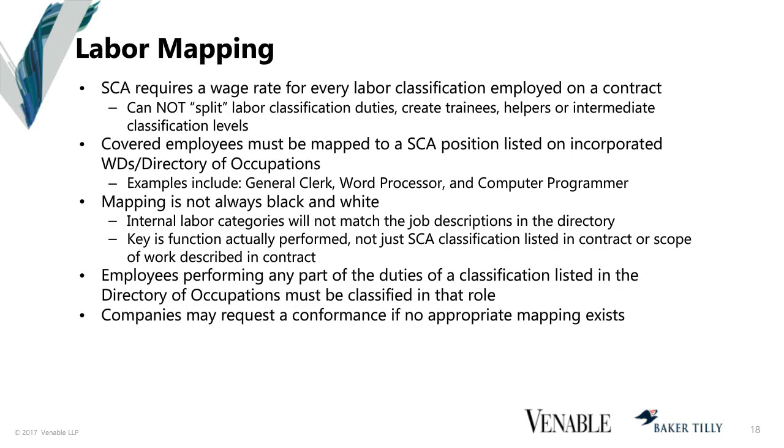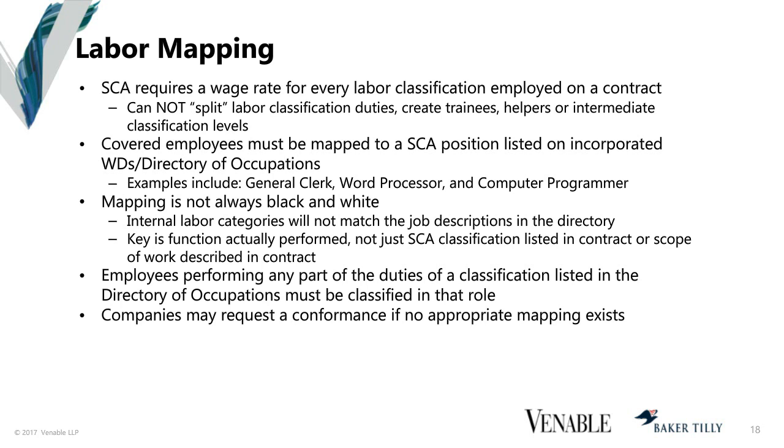The next slide that we're going to discuss is labor mapping. This is a continual challenge in terms of compliance. My assumption is you at least have some familiarity with the Department of Labor's Directory of Occupations. They publish a directory that describes the various SCA labor categories and their basic job descriptions.